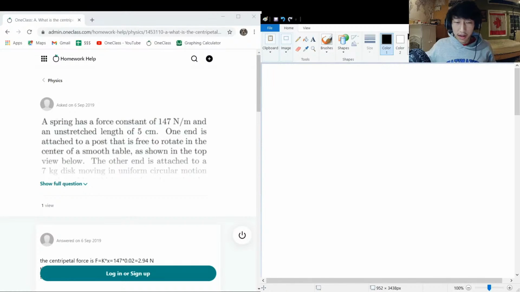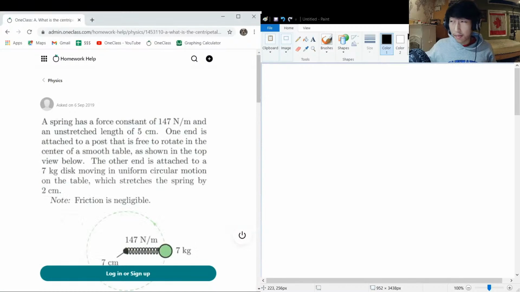Okay, so the next question on the menu today: a spring has a force constant of 147 newtons per meter and an unstretched length of 5 centimeters. One end of the spring is attached to a post that is free to rotate in the center of a smooth table, as shown in the top view diagram.